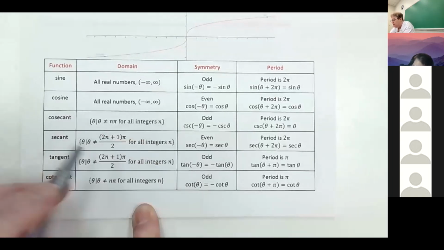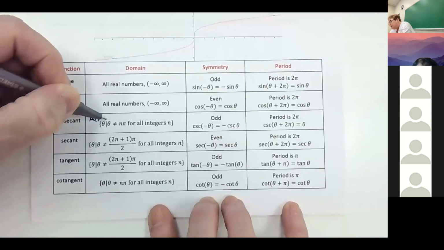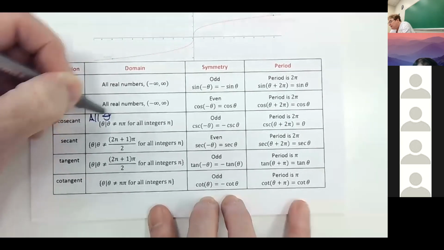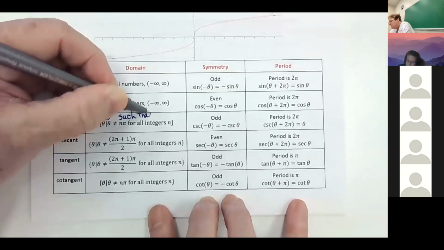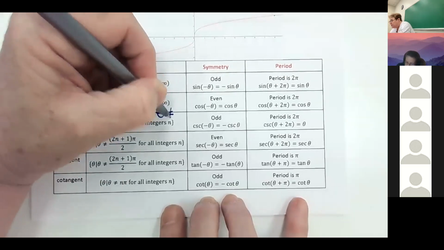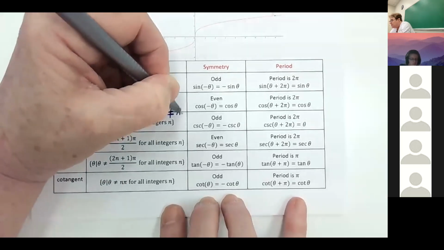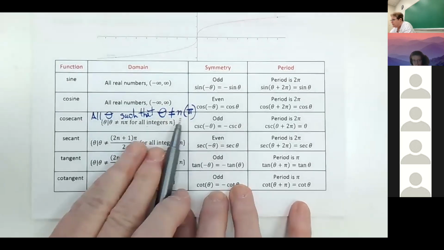This notation is all theta, and this line here is the words "such that," and then the condition: theta isn't equal to n times pi for any integer n.